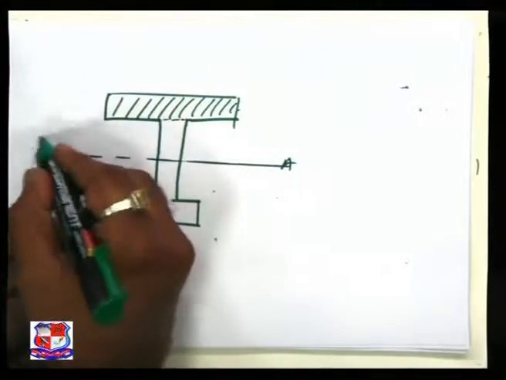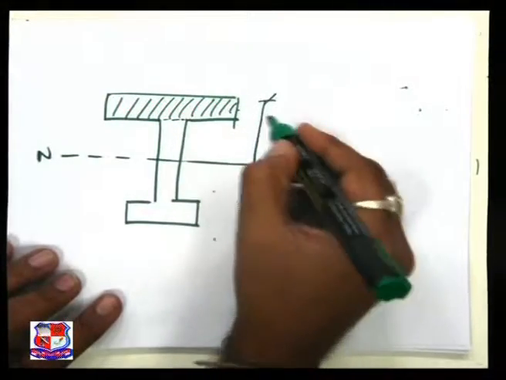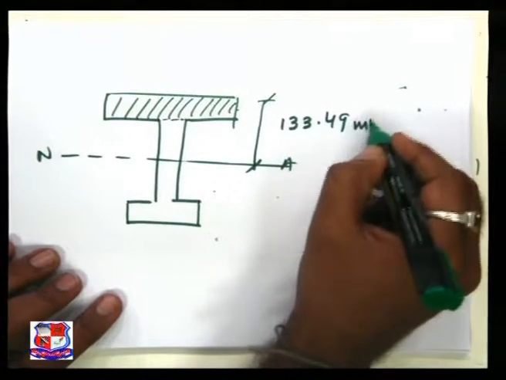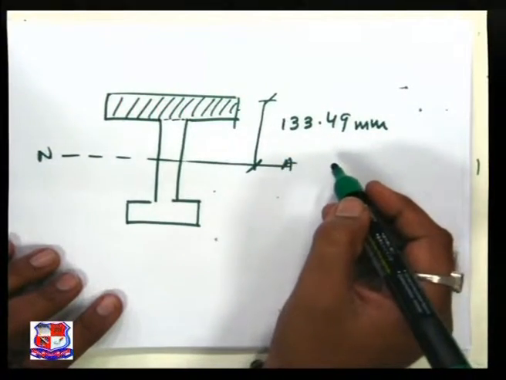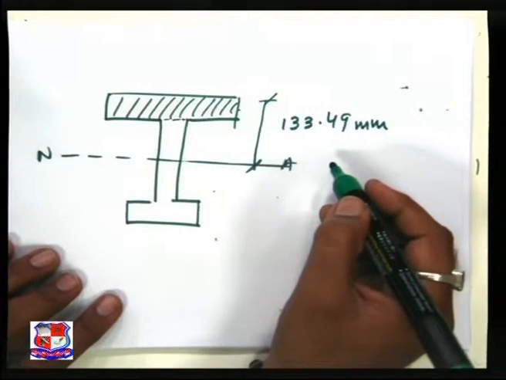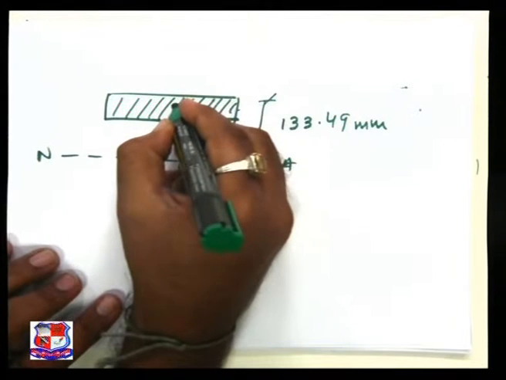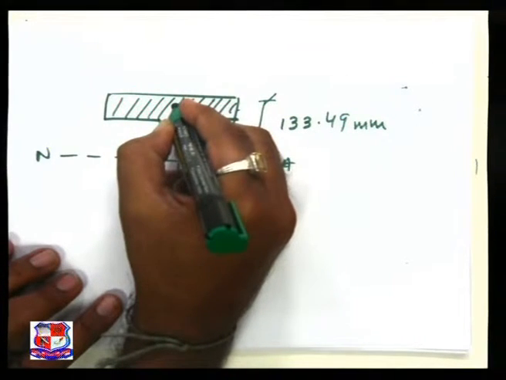This is my neutral axis, and this is 133.49 mm, which we have found out using the concept of the center of gravity. CG is over here, exactly at the center.